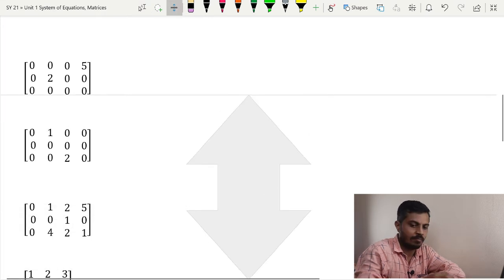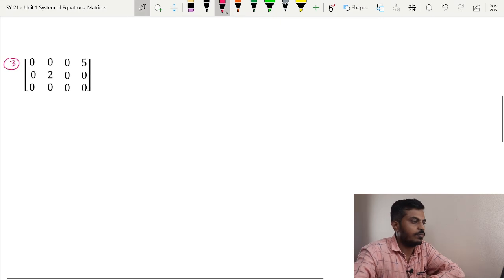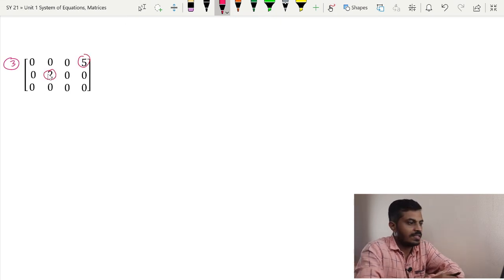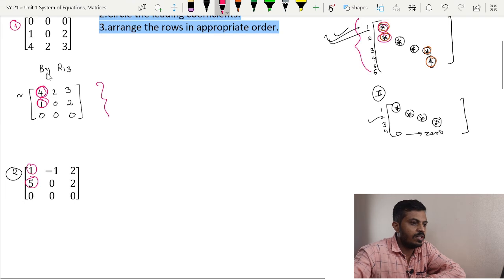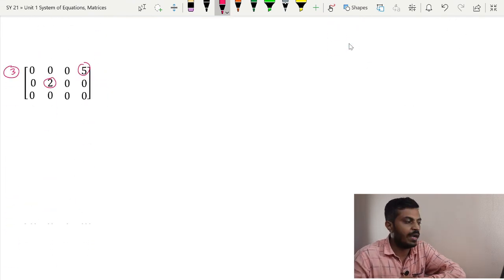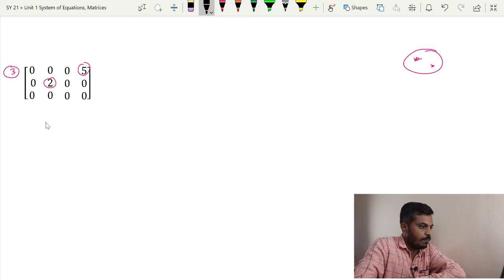In the third example, you can see that the 0 rows are collected at the bottom. Let us circle the leading coefficients. Now you can see that whatever I have told here is not satisfied by this matrix. So we have to arrange it so that the leading coefficients are in this order. Which operation will I perform?